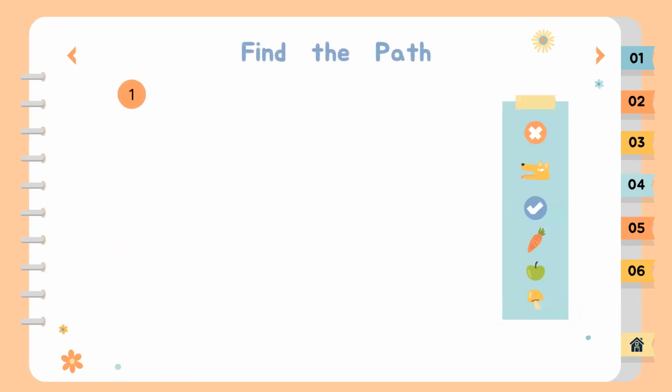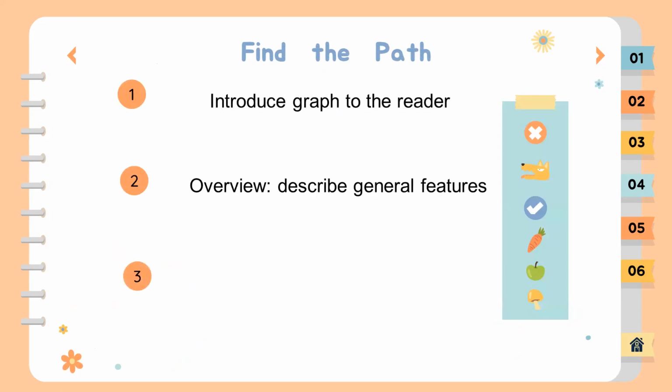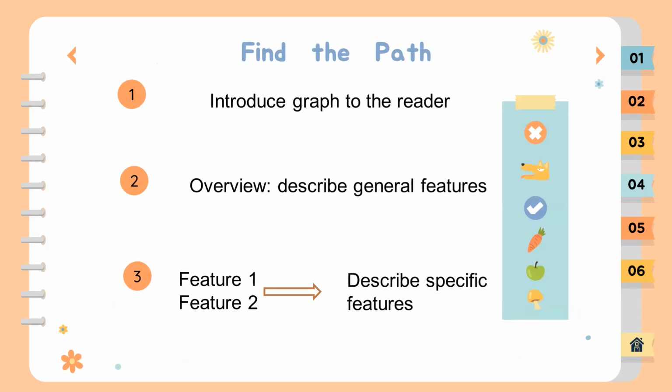This is a specific structure in the IELTS task 1 of process. Introduce the graph to the reader, overview, describe general features, and finally feature 1 and feature 2. You have to describe specific features that are contained in the diagram.